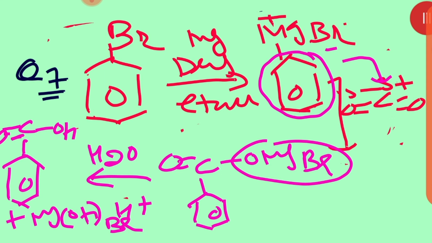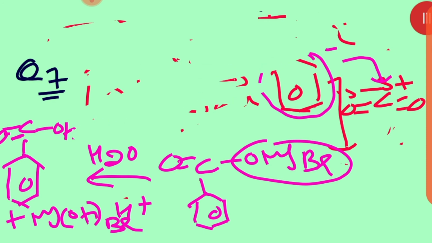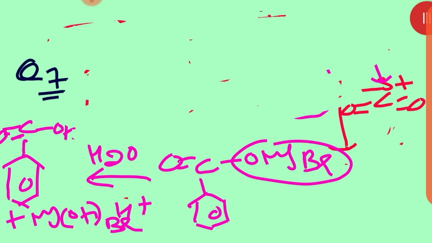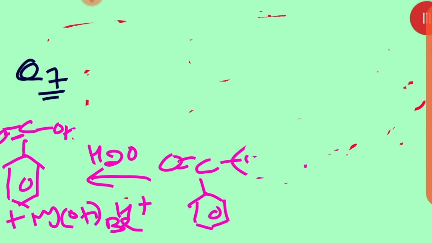Okay, now students, see the fourth part of the seventh question. You must all see the fourth part. What do we have to do there? Now what they are asking in the fourth part is phenyl ethene.